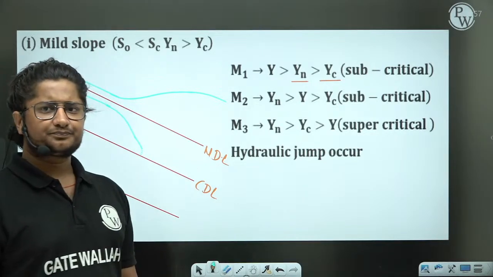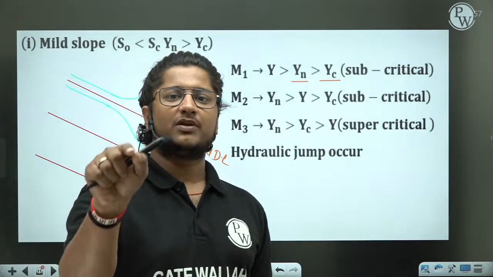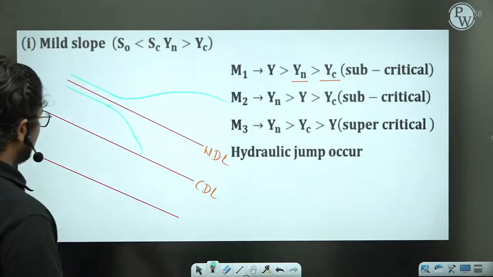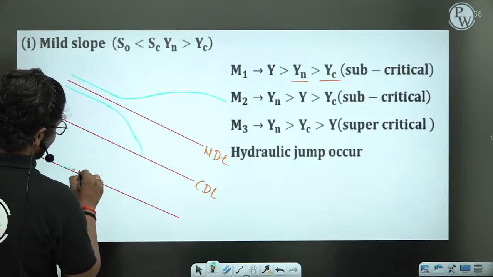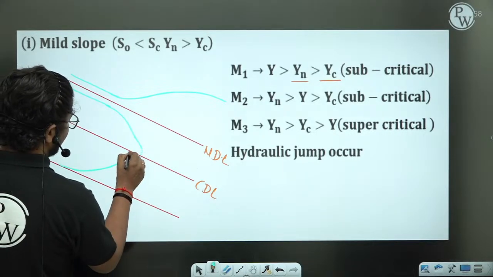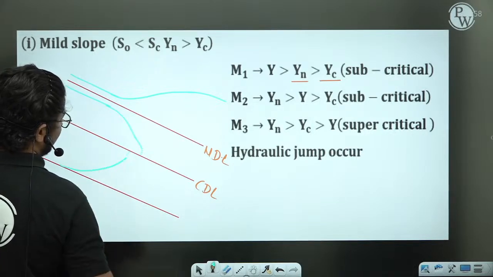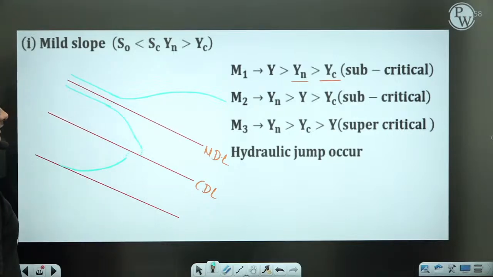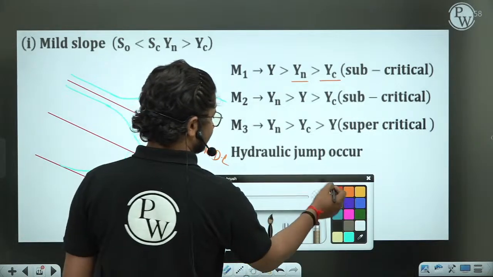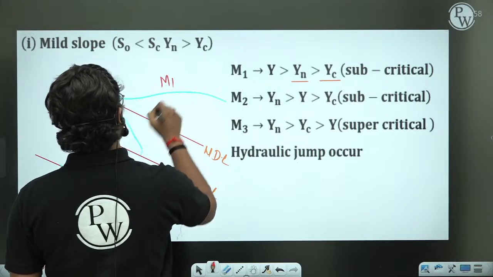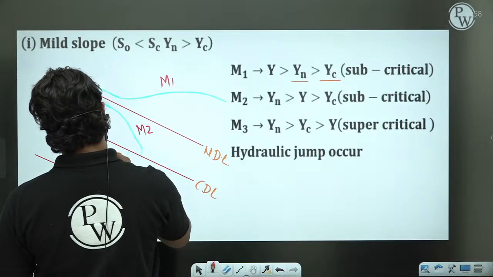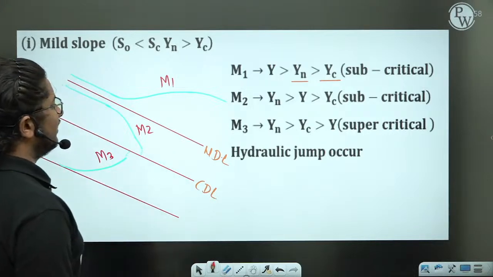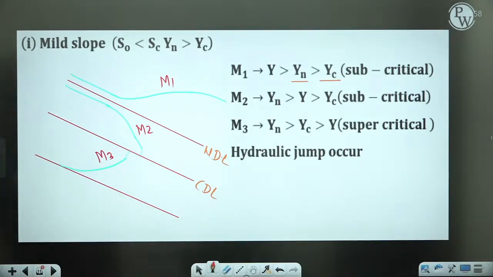Because it only tries to meet; it is not actually making a perpendicular. Now the third will again be a rising profile, and it tries to meet the CDL line perpendicularly. Is that clear? So M1, M2, M3, this is what we got.